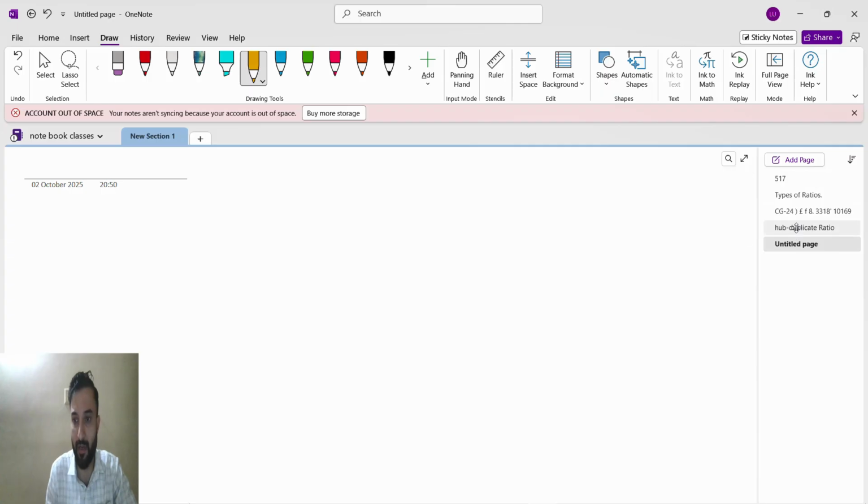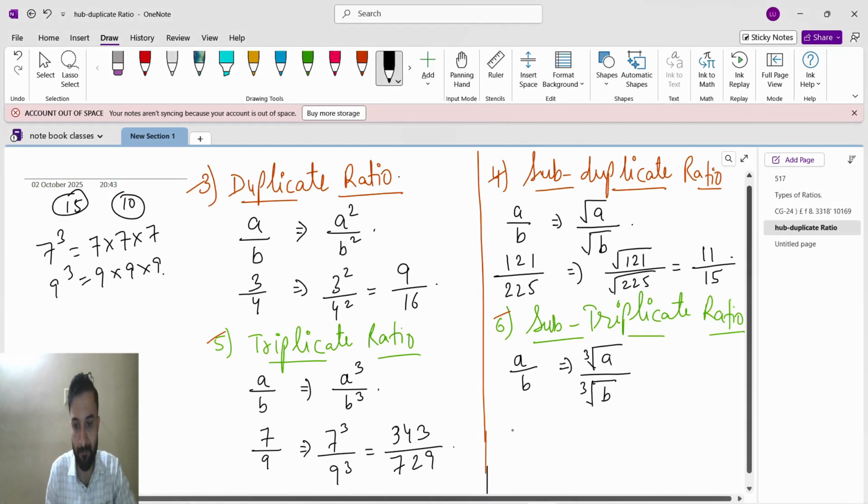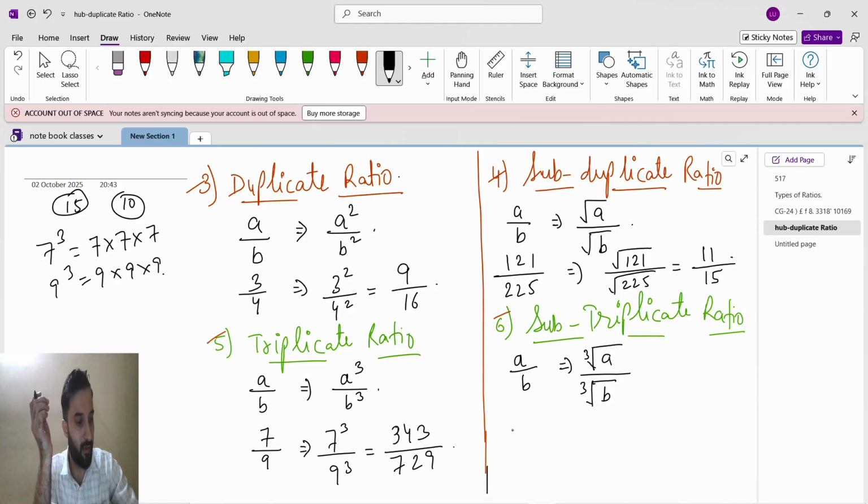Let's suppose I will take a number first. I will take a perfect number. Okay, let's suppose we have the number 1331 divided by 1200.